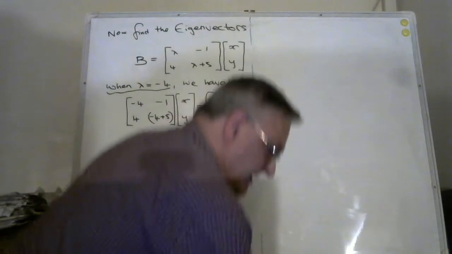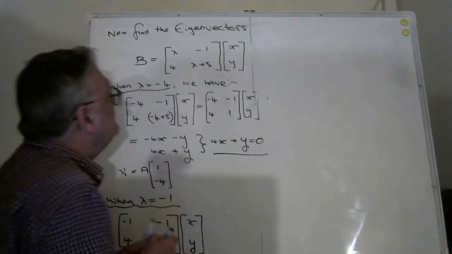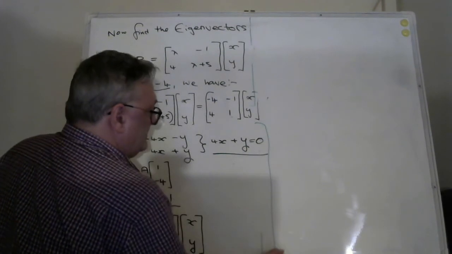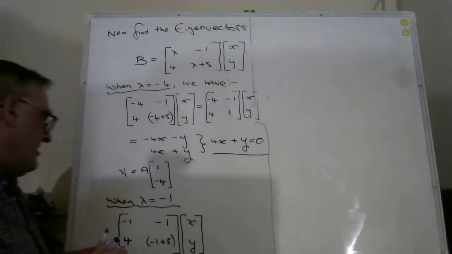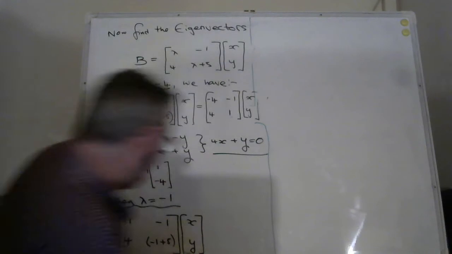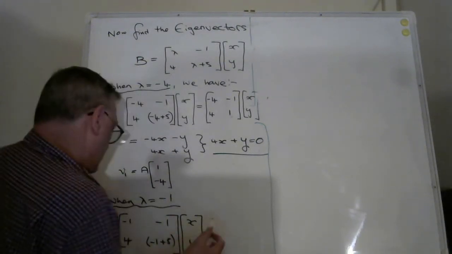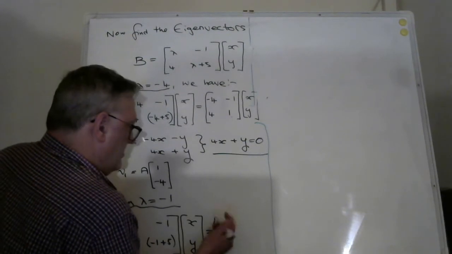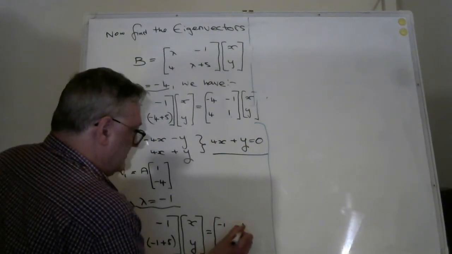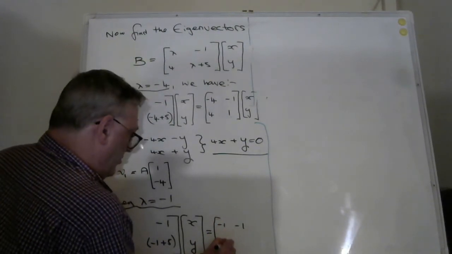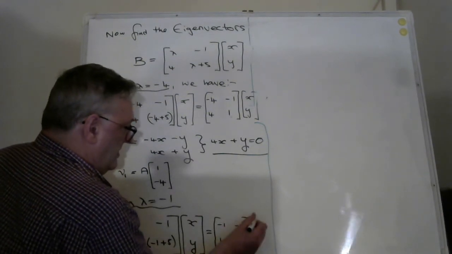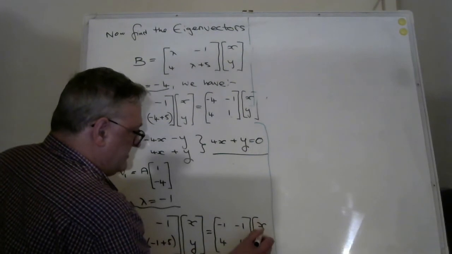Right, okay, let's just draw this green line down here like that. Right, okay, so this simplifies to -1, -1, 4 and 4, and there's your x and y.